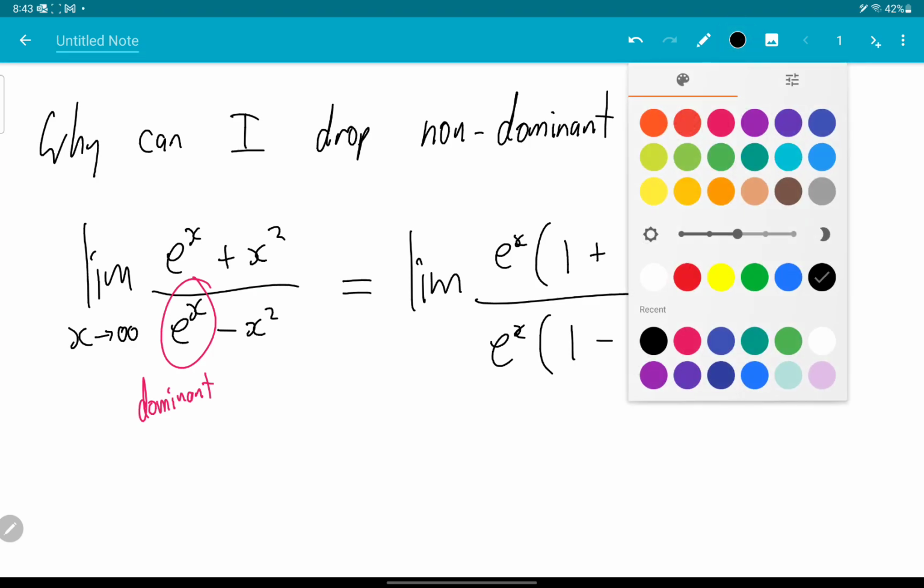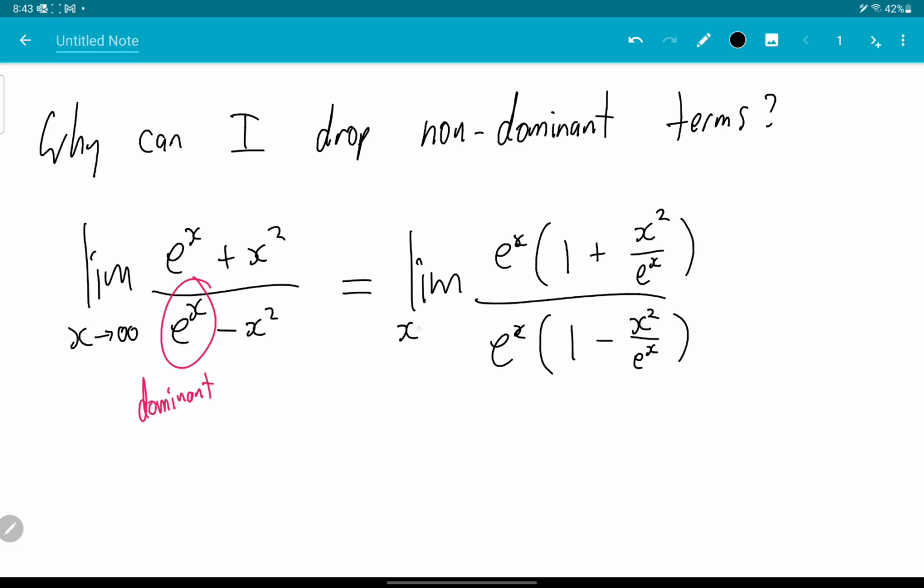And what's the idea? Well, x is going to infinity. And we've already decided, and I hope you agree, that e to the x is much bigger than x squared when x is large. So what's going to happen to this fraction? If I take something and divide by something much larger, what's going to happen?